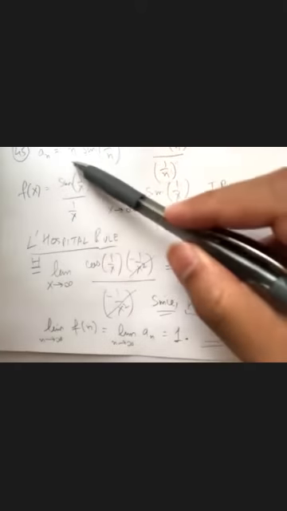So the limit is 1. Therefore, it converges. So this is just a proper way of converting from n to x. We'll do one more problem.